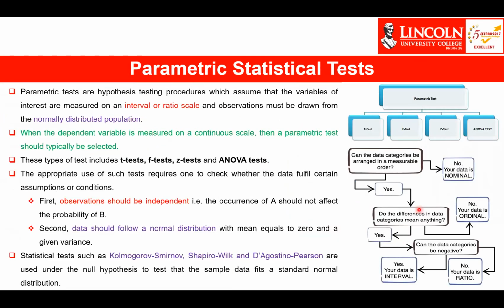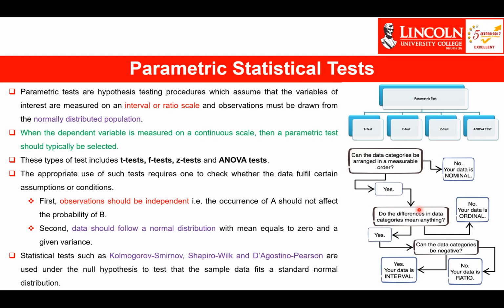Now, we have two categories of statistical tests: parametric statistical tests and non-parametric statistical tests. Parametric tests are hypothesis testing procedures which assume that the variables of interest are measured on an interval or ratio scale, and observations must be drawn from a normally distributed population. Meaning that whatever test you have chosen under parametric tests, your data sets must not fail the test for normality.